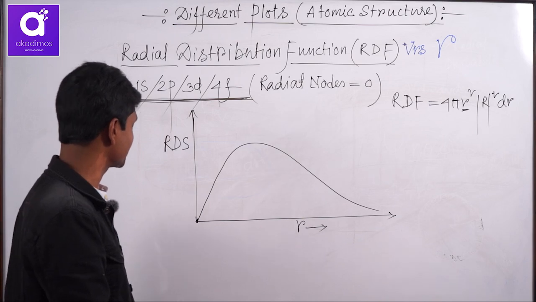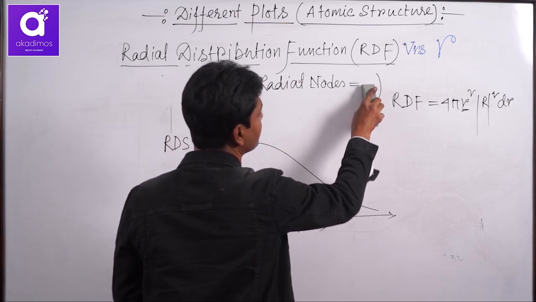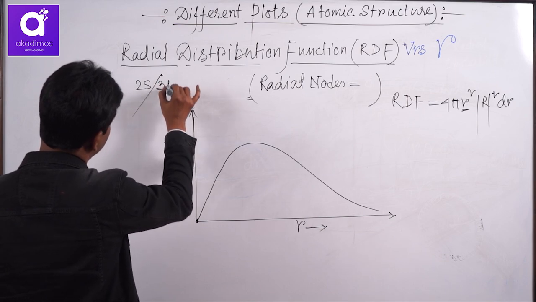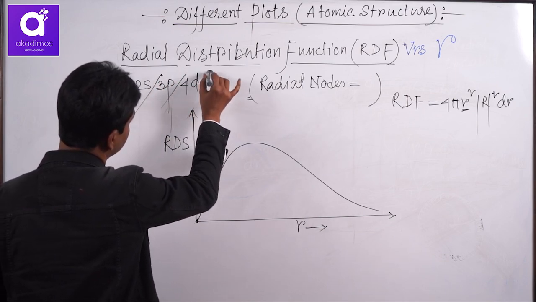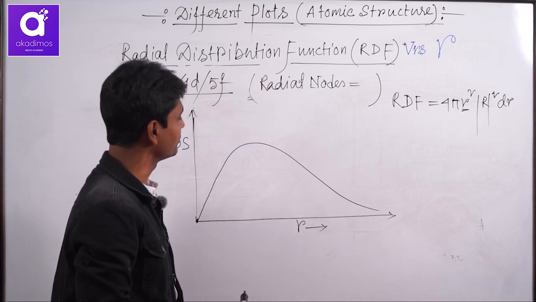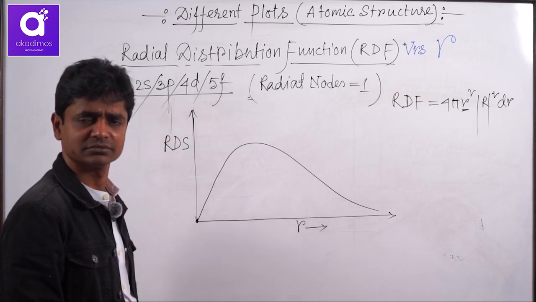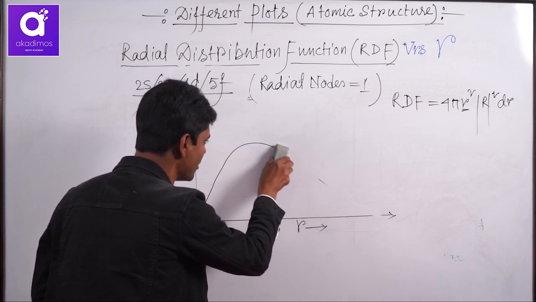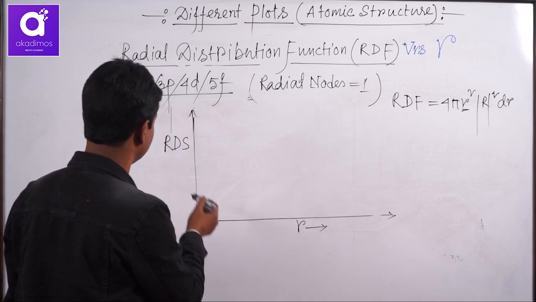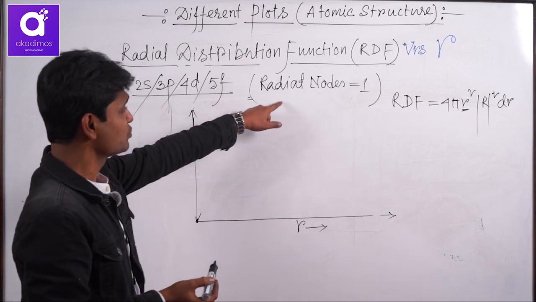Now I take the next example: 2s, 3p, 4d, 5f. Here all have number of radial nodes, if you calculate, 1. And see how I will draw the plot and how it is different from the previous plot. This is RDF. Here is one node.